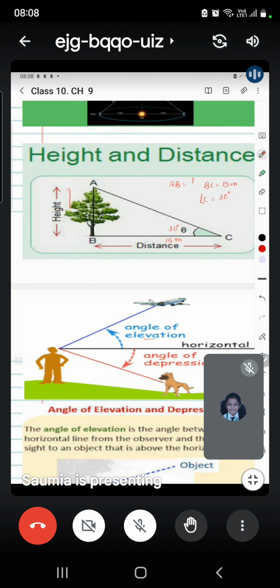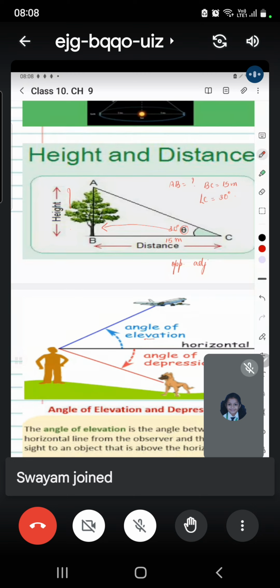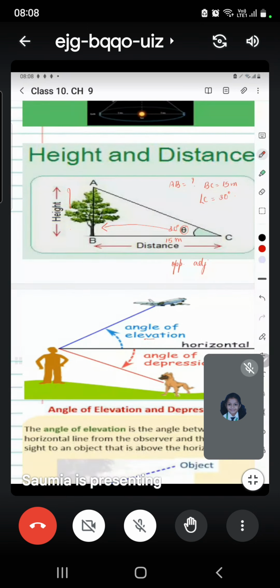Now, for theta, the unknown side is the opposite side and the adjacent side is given. So which is the ratio that connects the opposite side and the adjacent side? Tan. Yes, tan. So if I take tan 30, I will get AB upon BC.